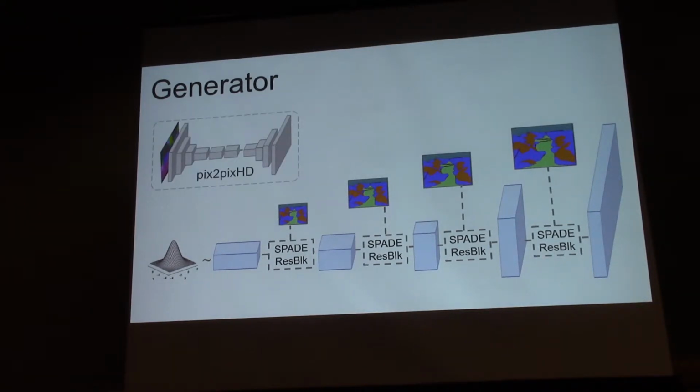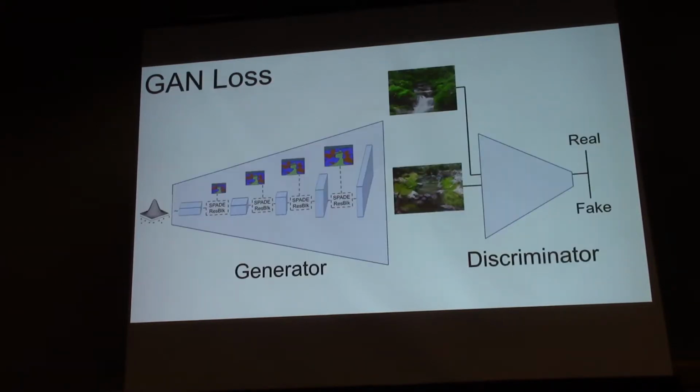And this differs from the architecture of Pix2PixHD, which was state-of-the-art previously, which has an encoder part that processes the input semantic map and a decoder part that produces a photorealistic image. Now, in terms of this architecture, we have only the decoder part of Pix2PixHD, and this saves a number of parameters of the generator architecture.